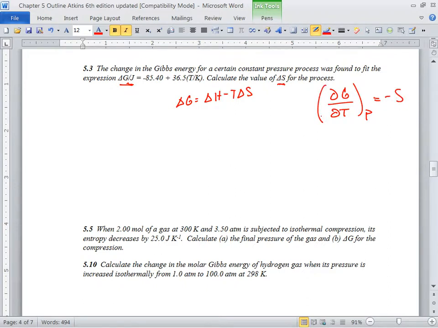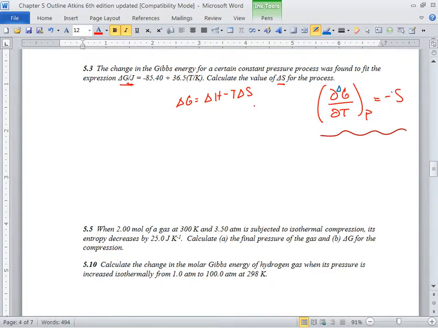Okay. The reason this one works great is, what's the one thing that's missing that would let us directly apply this relation and get our answer? Delta S, right? If we had a delta symbol, see how this would be so straightforward?